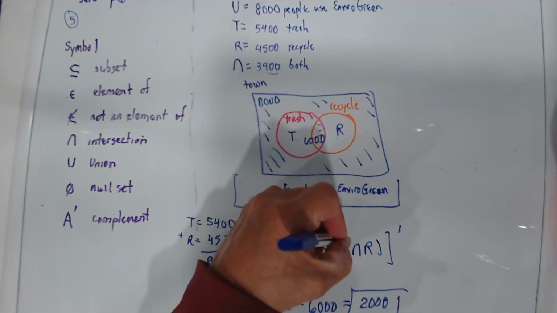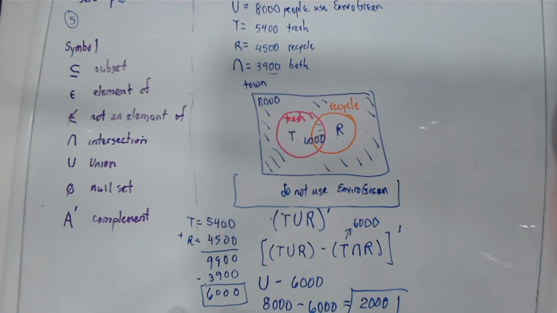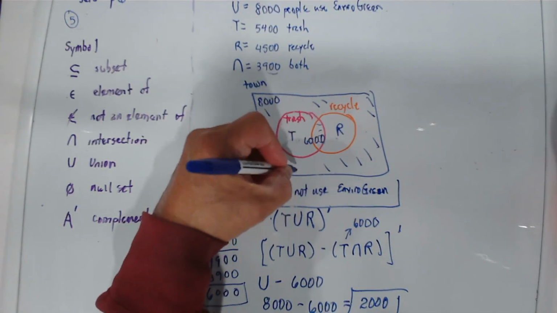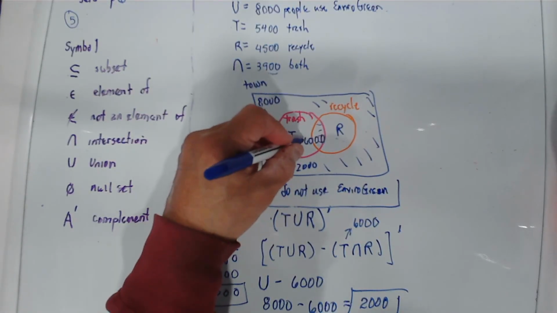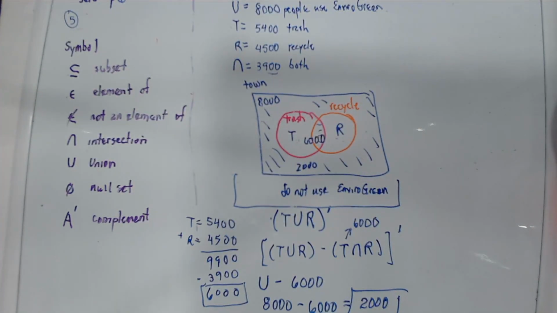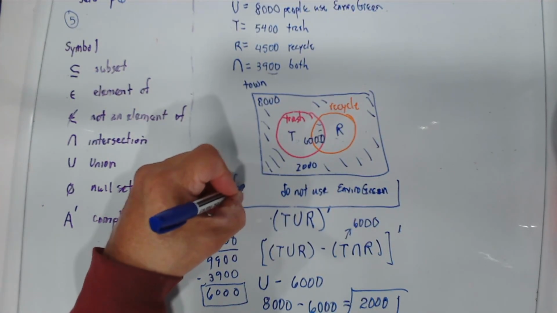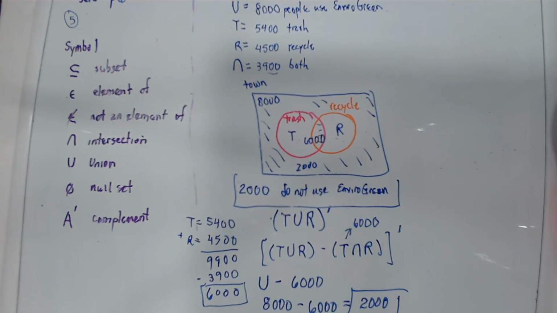That ended up being 6,000, and so we subtract it. So 8,000 minus 6,000 gives me 2,000. So we have 2,000 in here on the outside of the trash and recycle. So that's where we get our total. So the value here is 2,000 people do not use EnviroGreen.